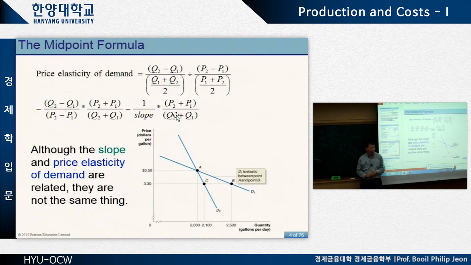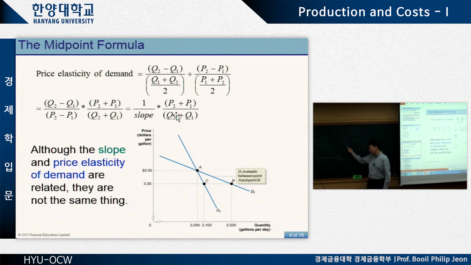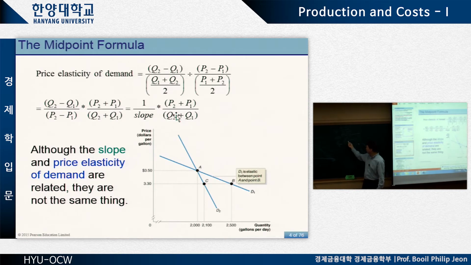The point is, we don't know what the slope is, whatever the slope may be. We don't know what this number is, could be any number, but this one is almost 0.